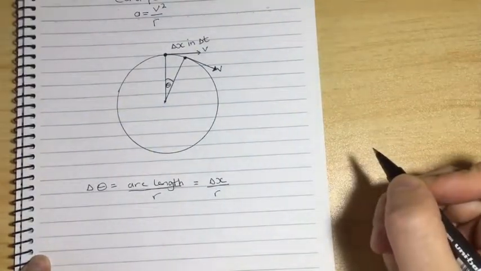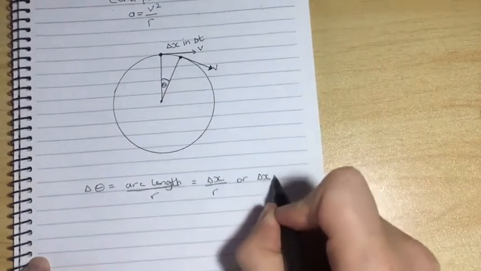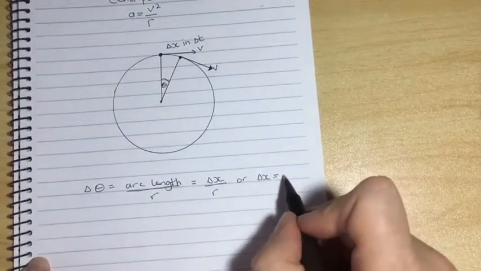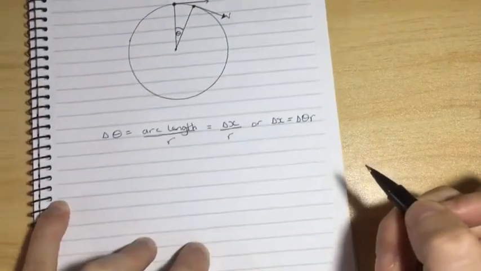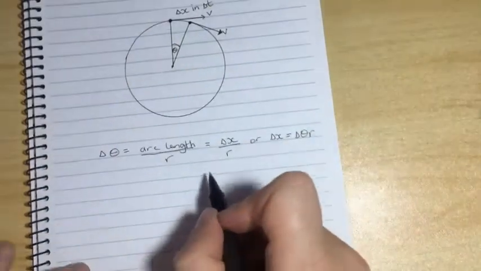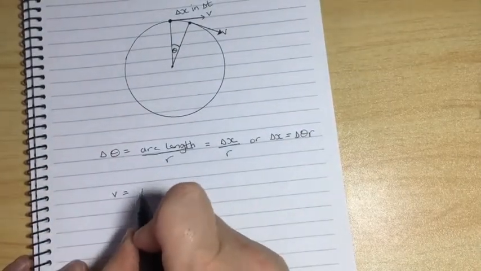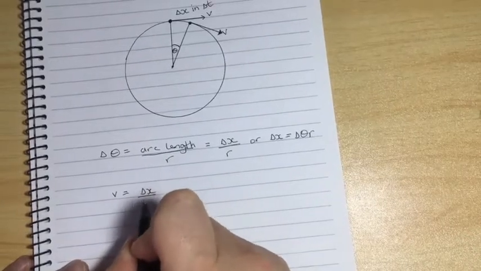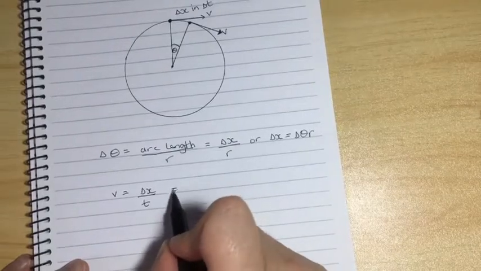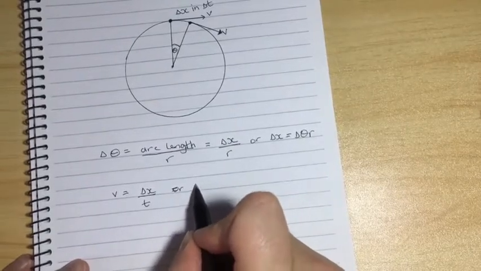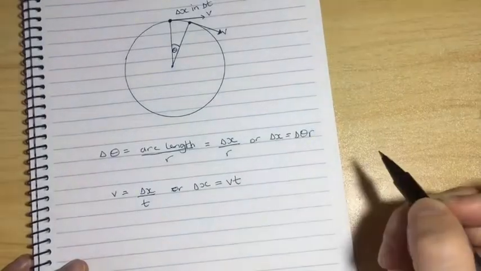So that's our first equation: delta x is equal to delta theta r. We also know v is equal to the distance traveled divided by the time taken, or delta x equals vt.